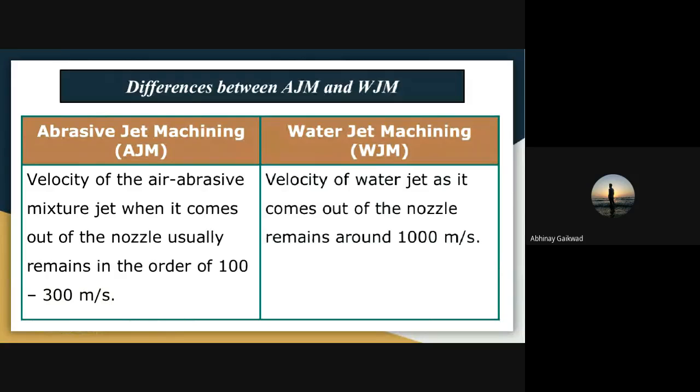But in case of water jet machining, the velocity of the water jet when it comes out of the nozzle remains around 900 meter per second, or around 1000 meter per second. In many books as well as research papers, they have mentioned 900 meter per second for water jet machining.